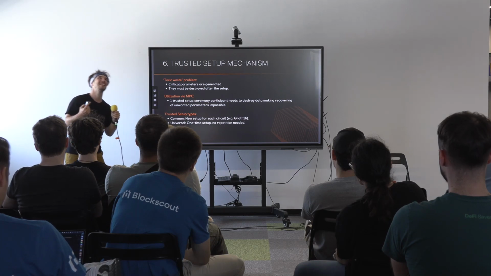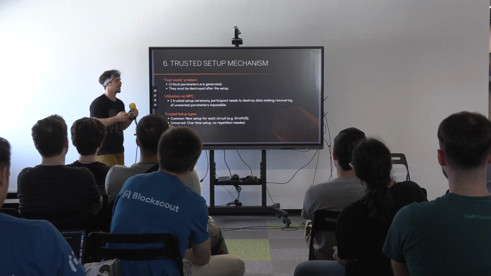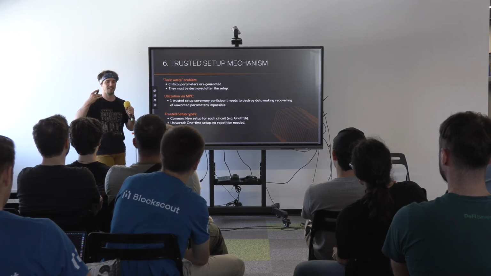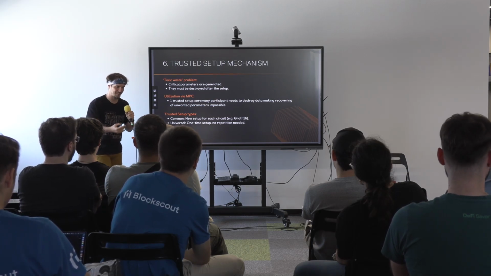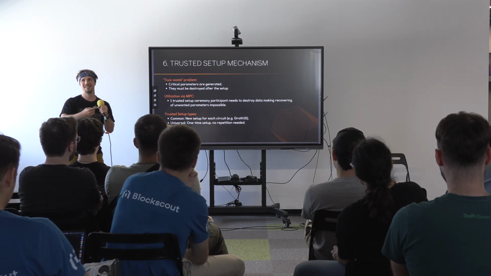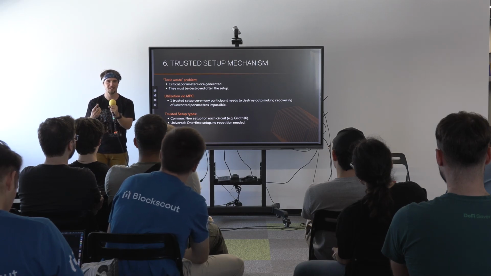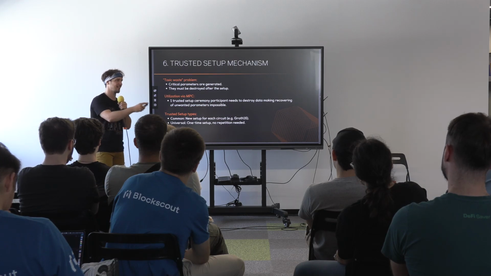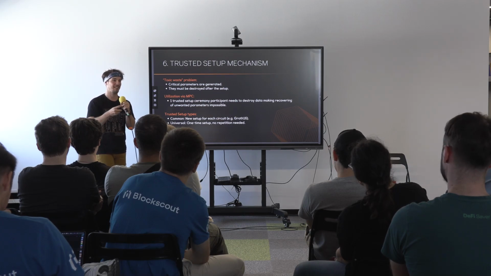I don't know how to explain it easily. This is a multi-party computation that a series of people have to do, and they compute some algorithms, then they send the result of their computation to the next person, and they have to delete everything that's called toxic waste from the computations they did.